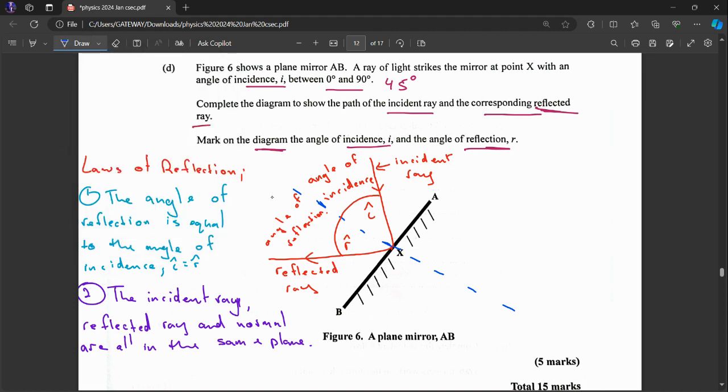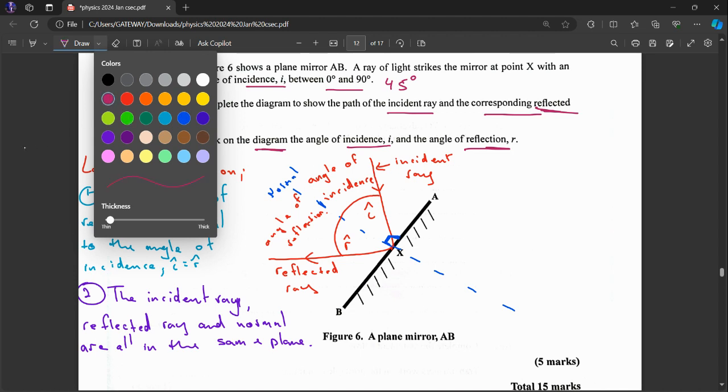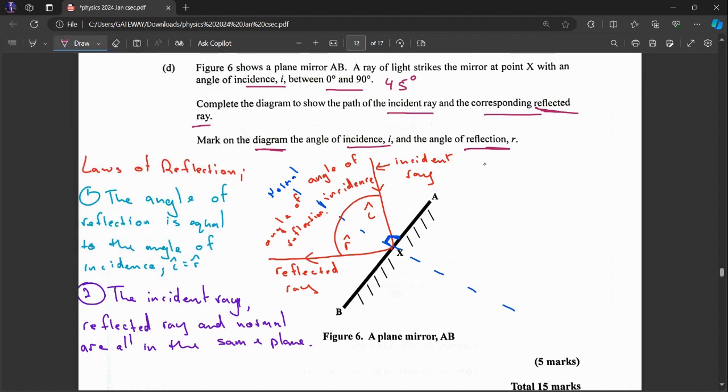Very important to note. And the blue dotted line, you will call that your normal, and it will be at a 90-degree angle to the plane. So this is basically it, and these are basically the steps in which you could carry out this explanation.